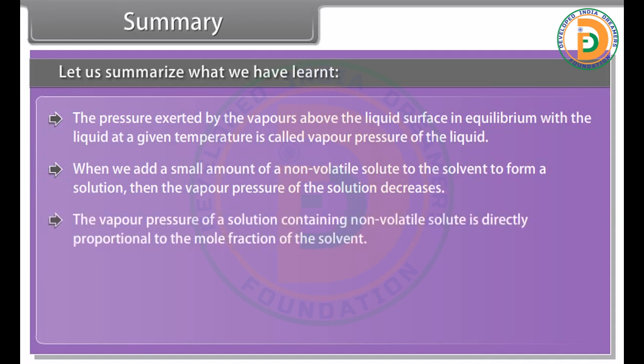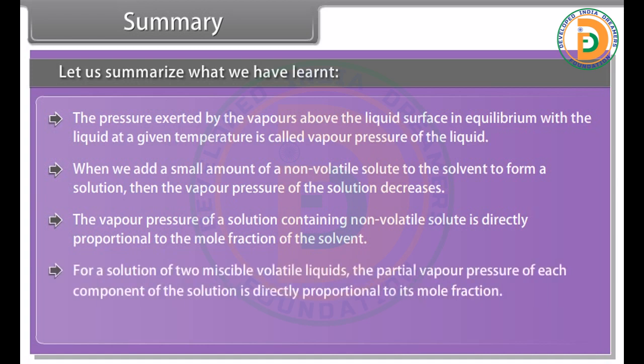The vapor pressure of a solution containing non-volatile solute is directly proportional to the mole fraction of the solvent. For a solution of two miscible volatile liquids, the partial vapor pressure of each component of the solution is directly proportional to its mole fraction.